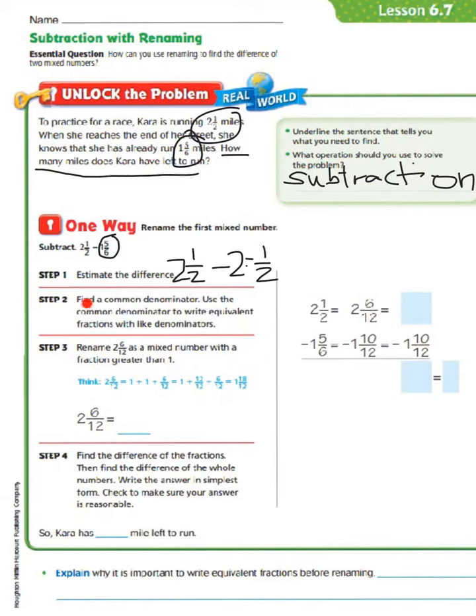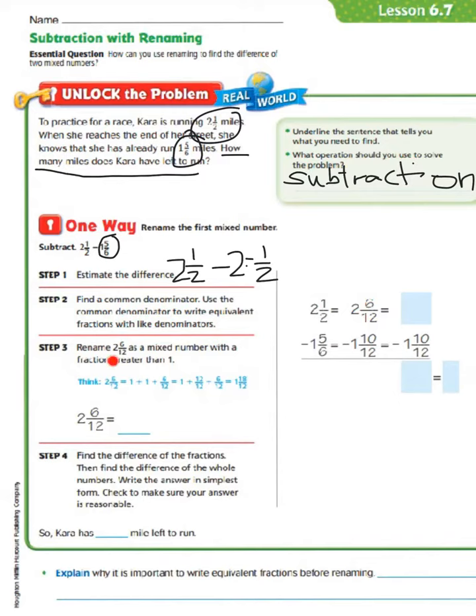Now, step 2 says to find a common denominator. Use the common denominator to write equivalent fractions with like denominators. So when we look over here, we see that we have found a common denominator of 12 between 2 and 6. We know that we could have also used 6 because we know that 6 is a multiple of 2 and 6 is a multiple of 6.